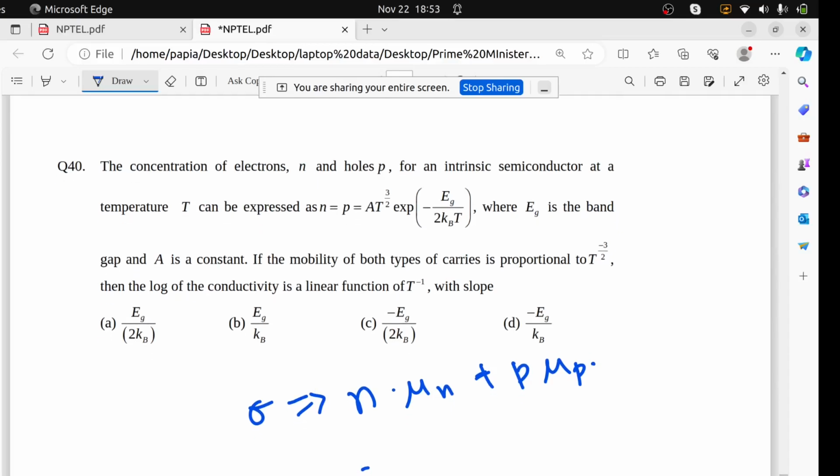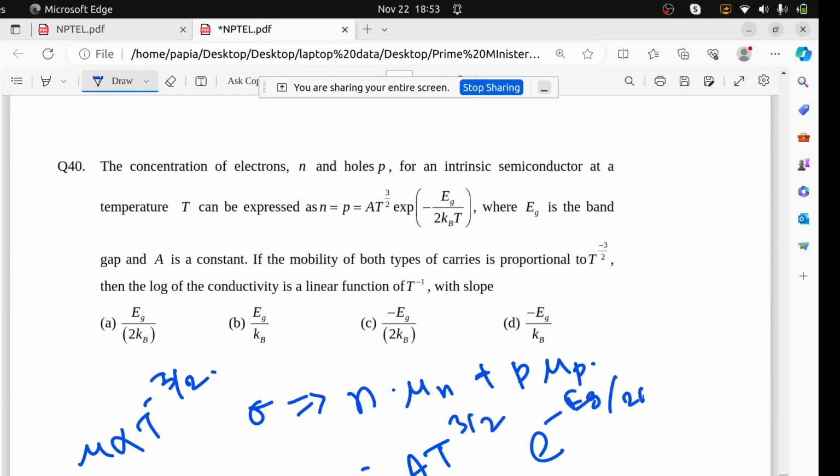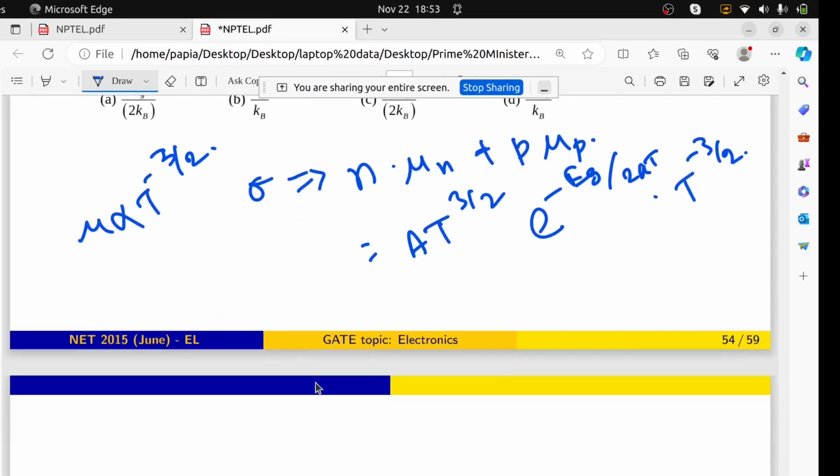And also the mobility is not exactly same, but it is saying that the mobility is proportional to T to the power minus 3 by 2. So if I write here A T to the power 3 by 2 e to the power minus Eg by 2 kBT, then mu is T to the power minus 3 by 2, right? So what will be the value of sigma here?